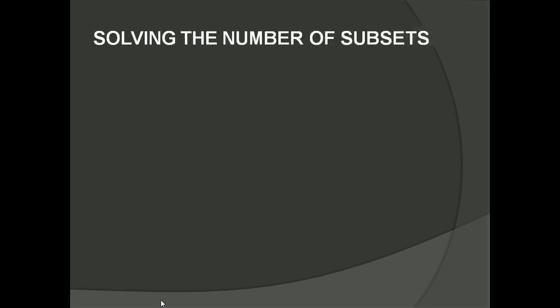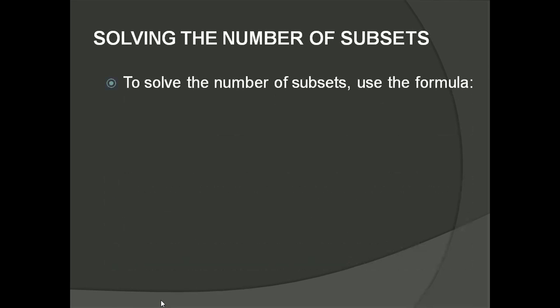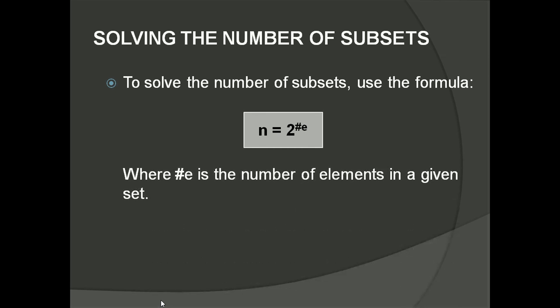Now, let's proceed to solving the number of subsets. To solve the number of subsets, use the formula n = 2^e, where e is the number of elements in a given set.